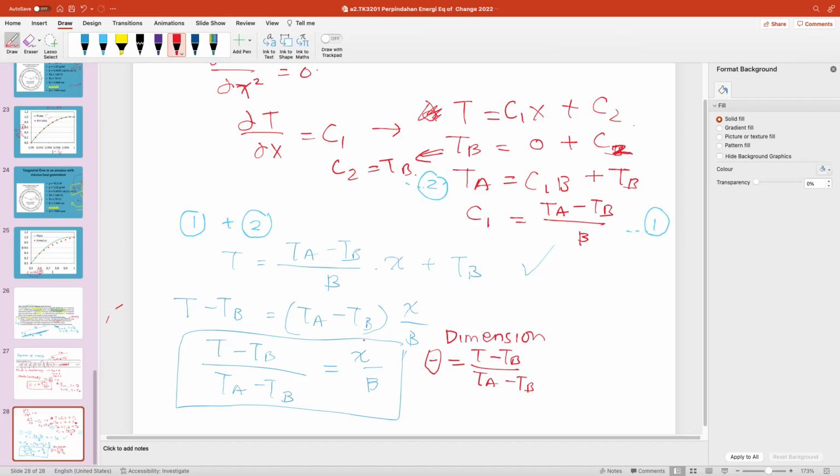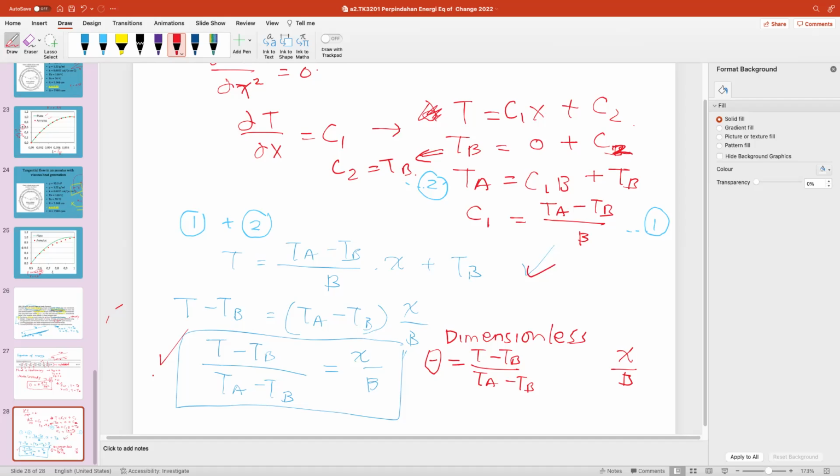Maybe you want to find the dimensionless for the distance as well, for example, x divided by b. This is also distance, this is also distance, so distance by distance becomes dimensionless. Okay, but this one is okay, this one is okay.